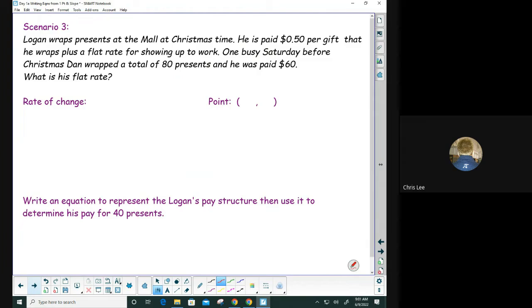What is his rate of change? It goes up by how much every time? 50 cents. What point are we given? What information are we given? Not the y-intercept, but we do have a point. 80 and 60.